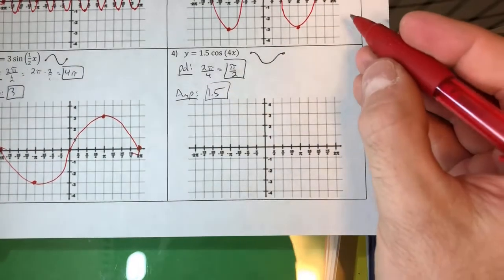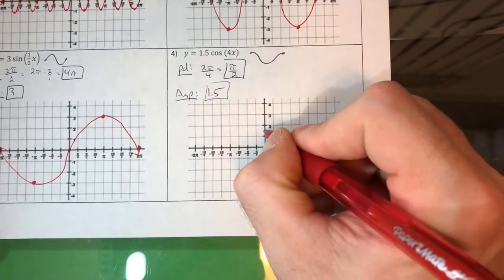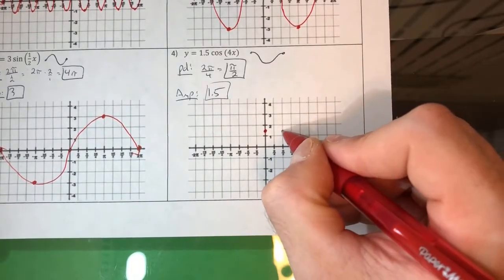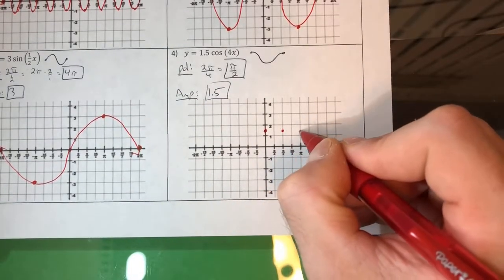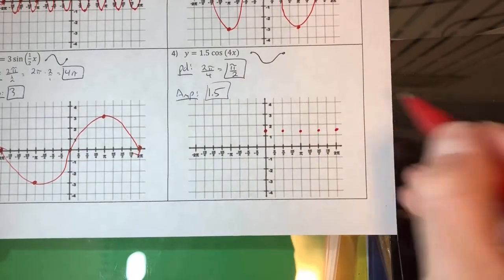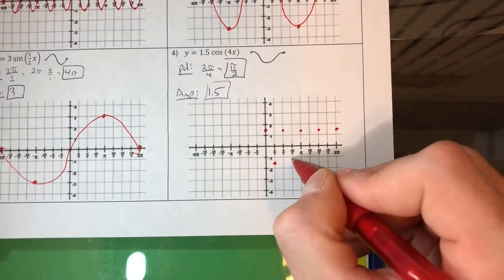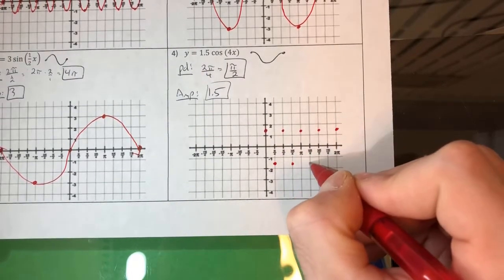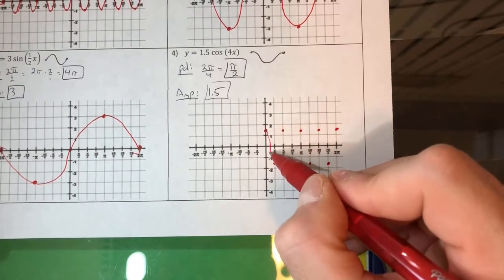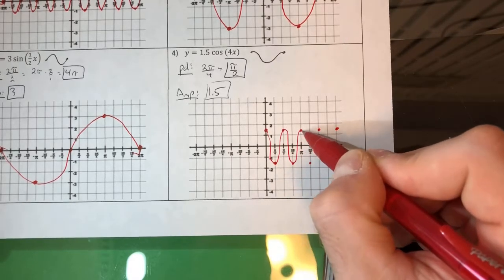It's going to start at a different point. So let's go ahead and start at the top of our graph. And I know every pi over 2, it's going to hit that top point. So every 2 blocks, it's going to hit that top point, which means every block, it's going to hit that low point. And then all your job is to curve between the 2 of those.